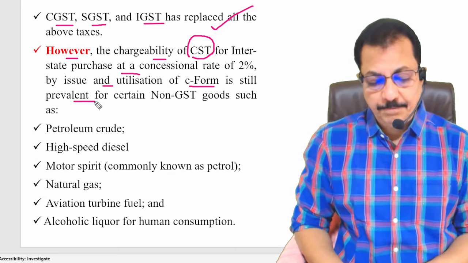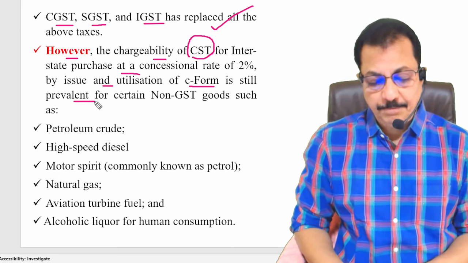So the possible question in the examination is: which of the following are the non-GST goods? Am I clear? Now look at this: crude petroleum, high-speed diesel, motor spirit, commonly known as petrol, natural gas, aviation turbine fuel, followed by alcoholic liquor for human consumption.